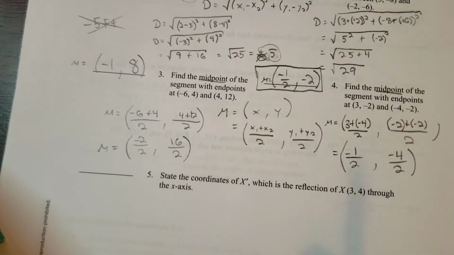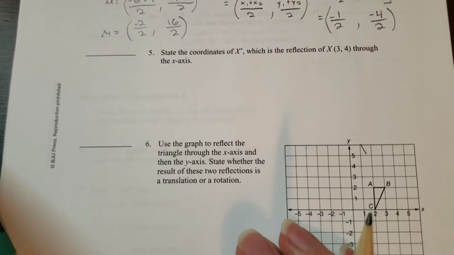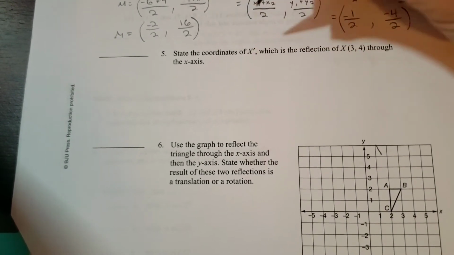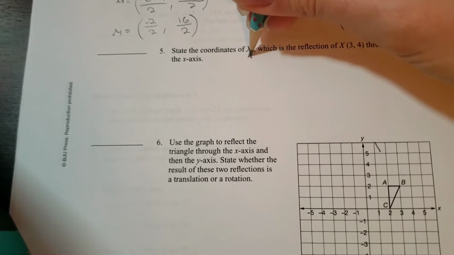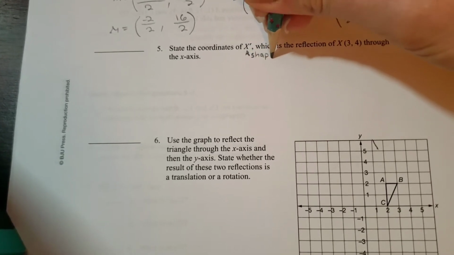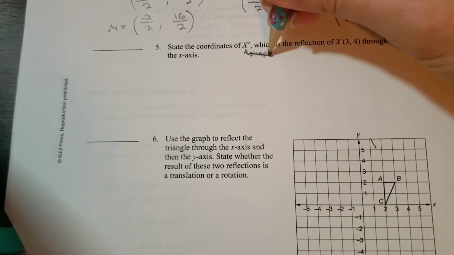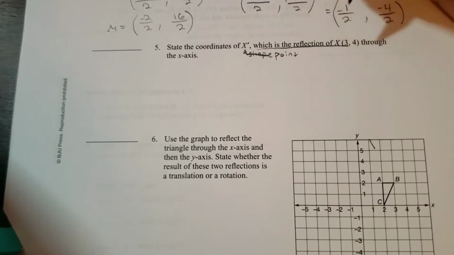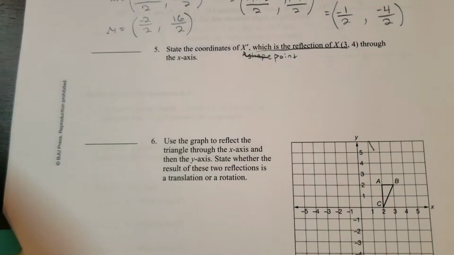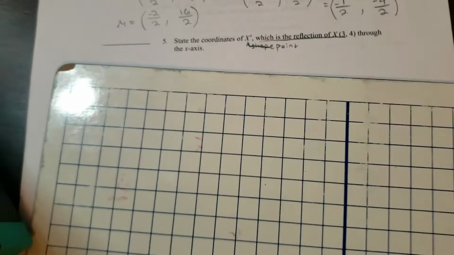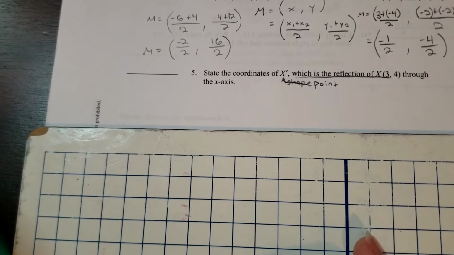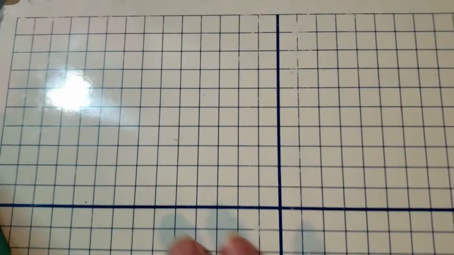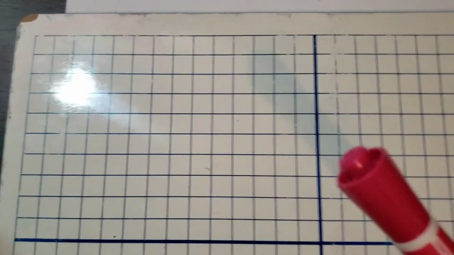Alrighty. Number 5. State the coordinates of x prime. So this is a shape, rather a point, because it is the reflection of x. So if we have, let me use my handy dandy little eraser guy, a point x at 3, 4.